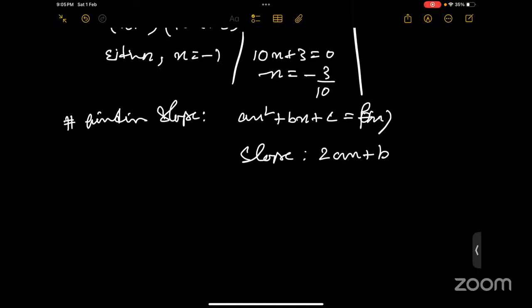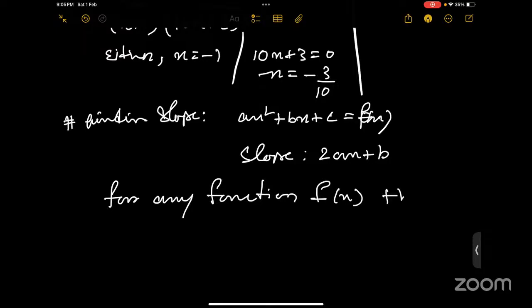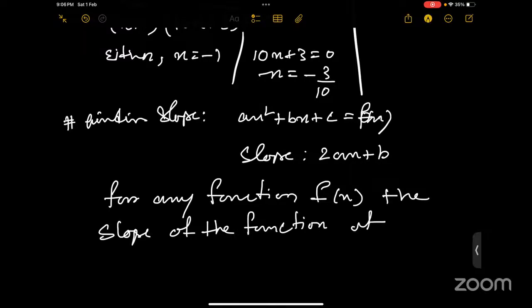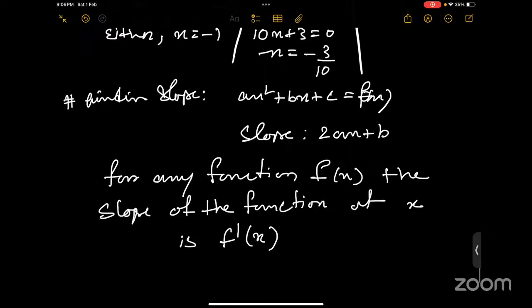Typically, for any function f of x, the slope of the function at the point x is f dash x, that means the derivative of the function.